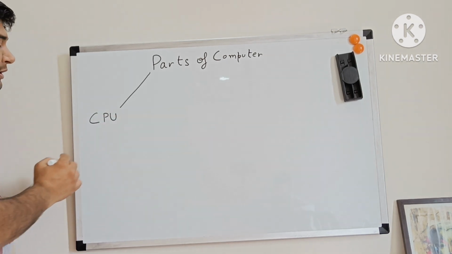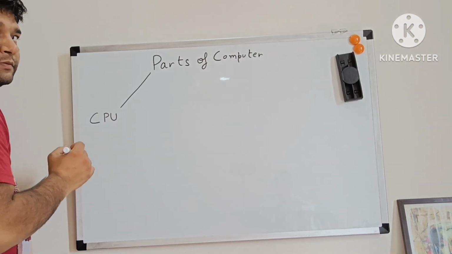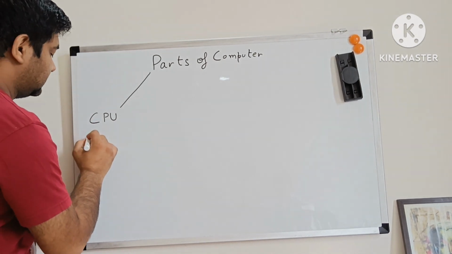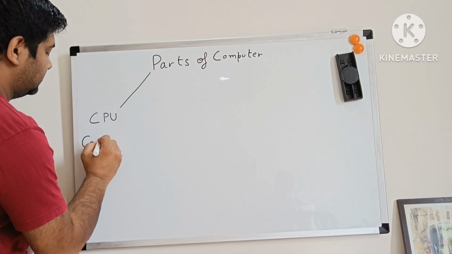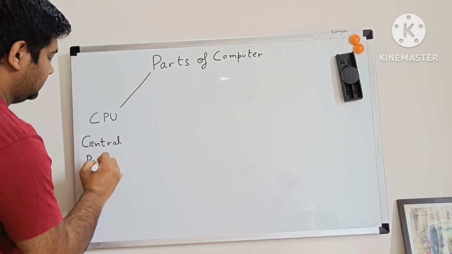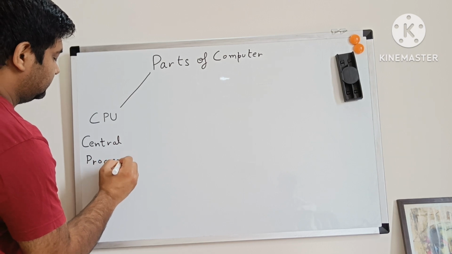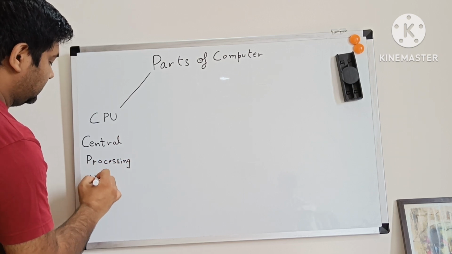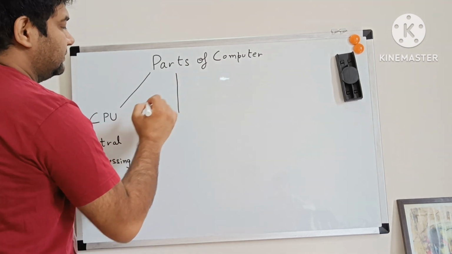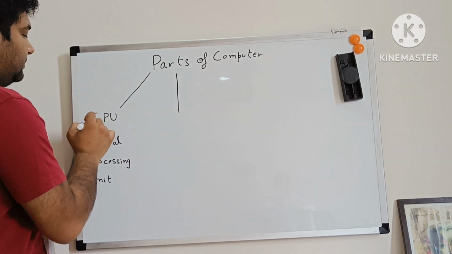What is the full form of CPU? Central Processing Unit. This is the brain.